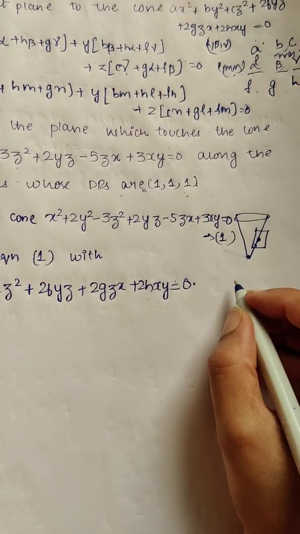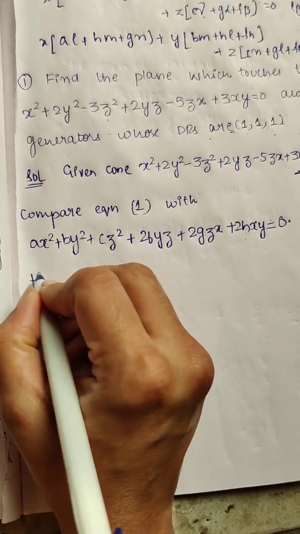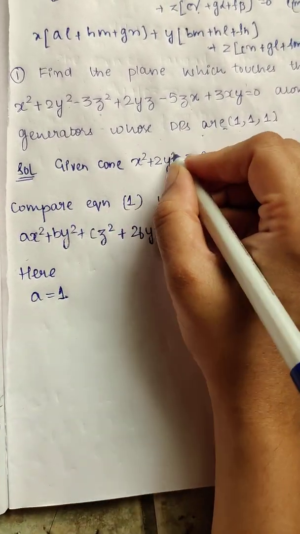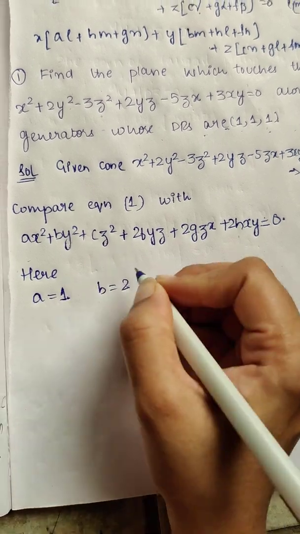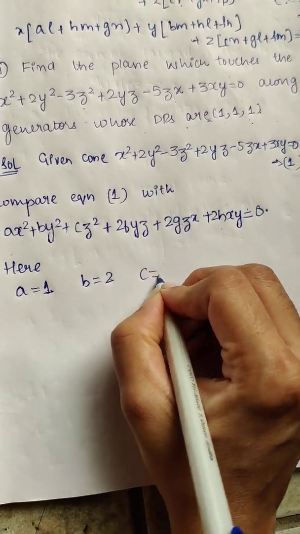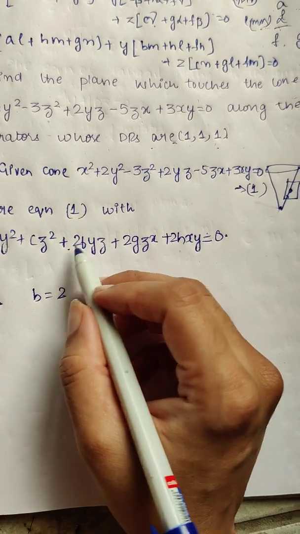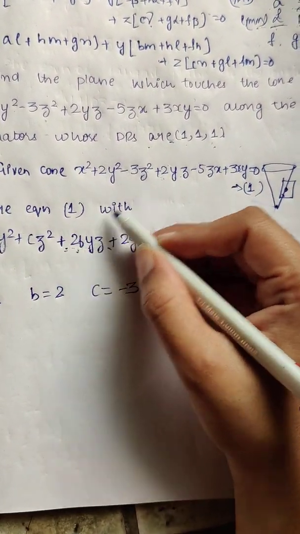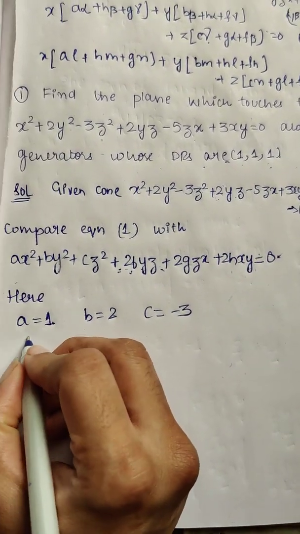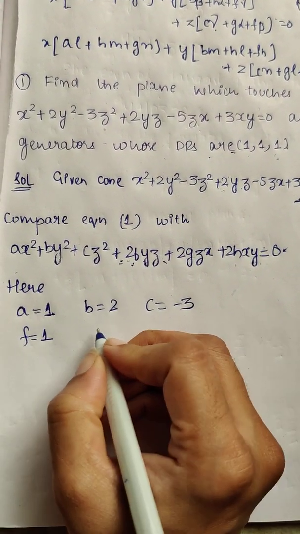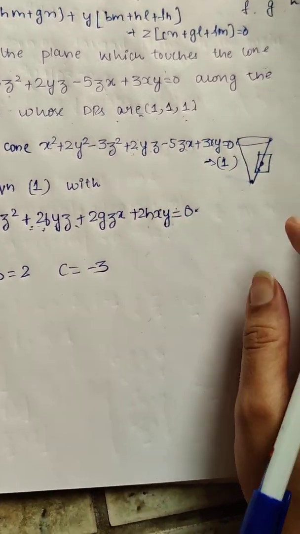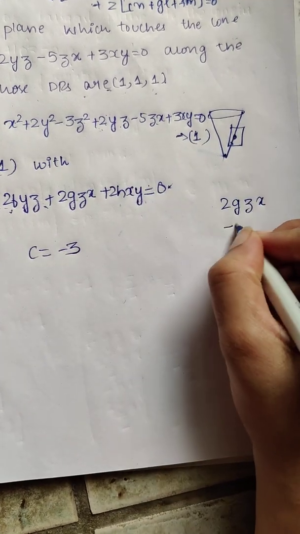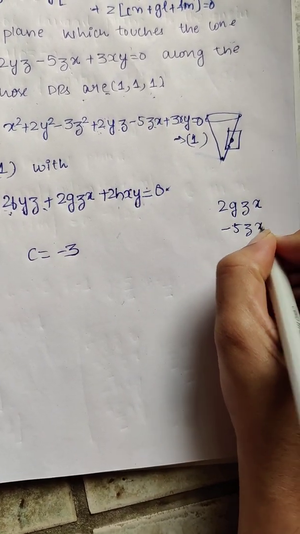Comparing the coefficient of x², a becomes 1. The coefficient of y², b becomes 2. The coefficient of z², c becomes −3. Comparing 2fyz with 2yz, f happens to be 1. For g, I have 2g zx and −5zx, but the 2 is missing.